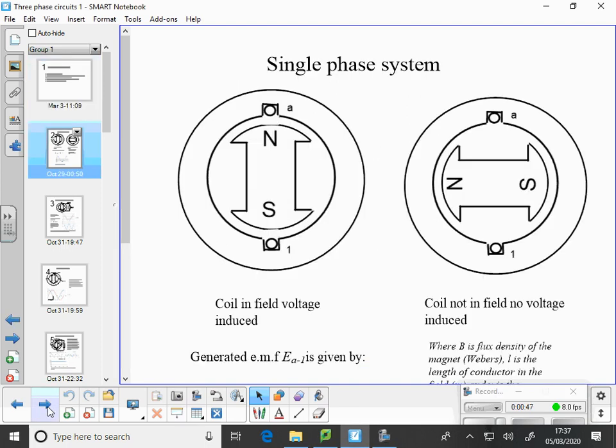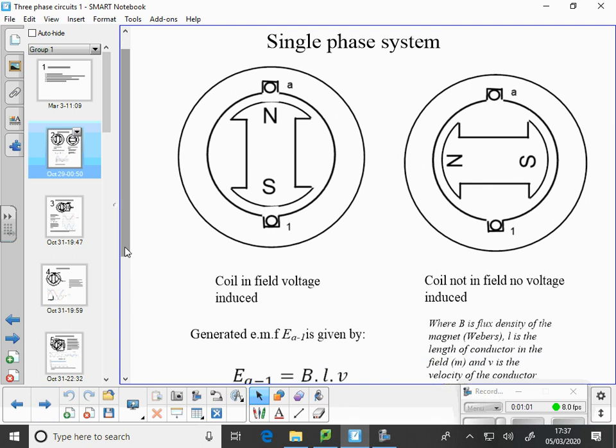So first we'll look at single-phase systems, which we do have in some cases, such as generators, small systems that you see on building sites. Imagine a permanent magnet generator.